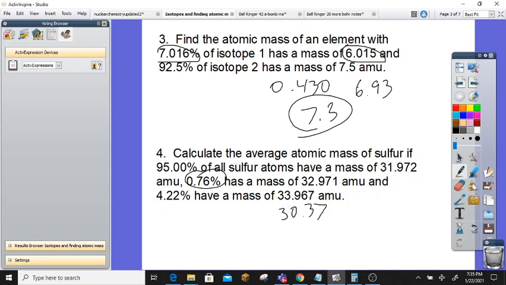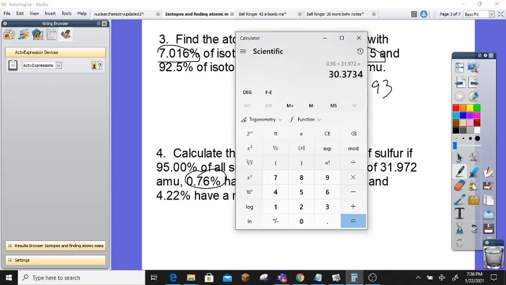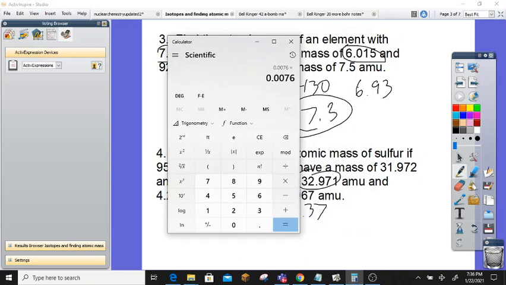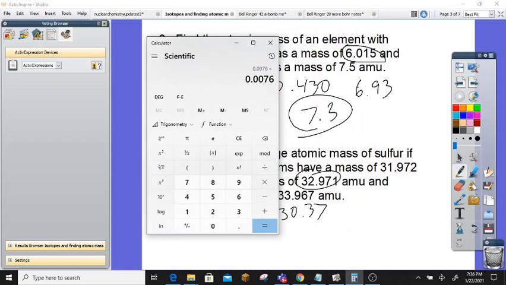Let's do this next one. 0.0076 times 32.971.